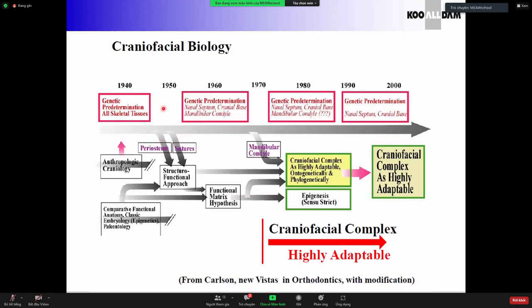What does it mean in craniofacial biology? In 1940, all skeletal tissues were thought to be from genetics. In 1950, as you know, if there is a loss of tooth, you can see some change. So periosteum and suture are not from genetic origin.